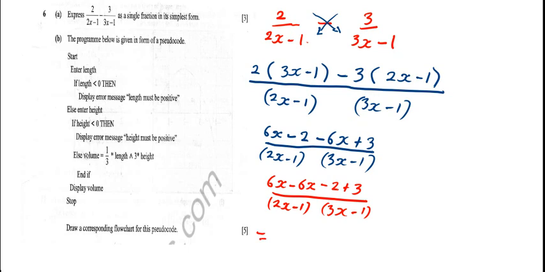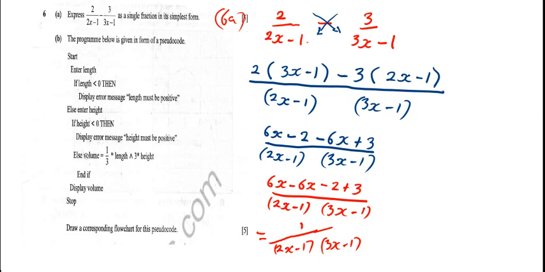Negative 2 plus 3, we are getting a 1. So the denominators, write them the way they are, 2x minus 1 and 3x minus 1. So that's our answer for this question. Question 6a, that's our answer.